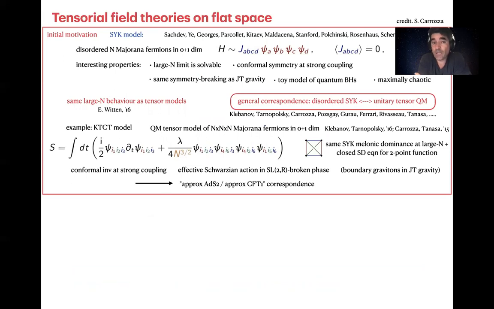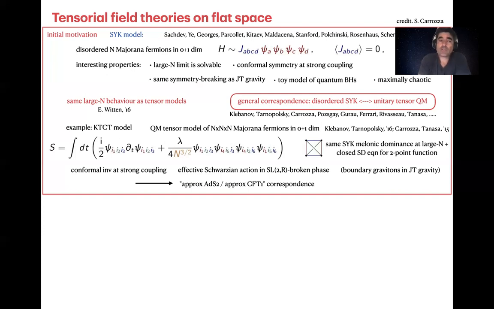In particular, the large n limit, where n now is the dimension of the fermions, is in fact solvable. And it seems to have a conformal symmetry at strong coupling. Moreover, an interesting connection to JT gravity has been found, and so it is considered a toy model for quantum black holes, maybe even a simple, exact realization of the AdS-CFT correspondence.